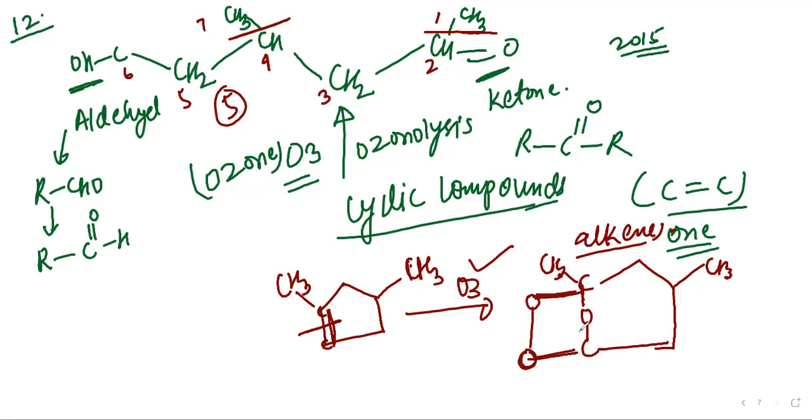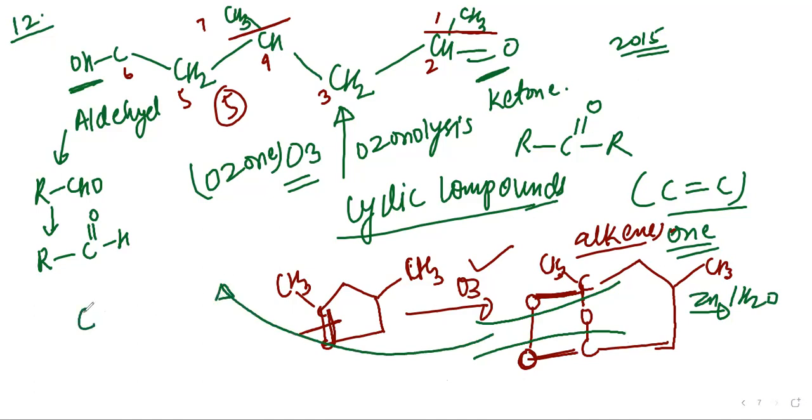So what will happen now? When we put here zinc and water. So I will write here zinc and water. Zinc and water. So breaking of this bond will be happening. This will be removed. So your structure will look like this. I will write here only this one.